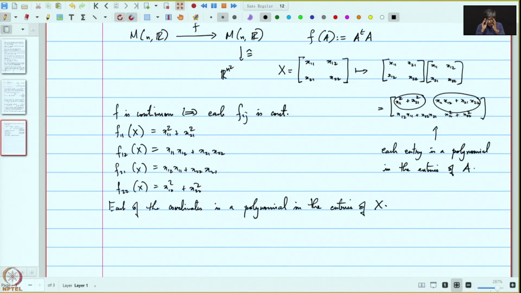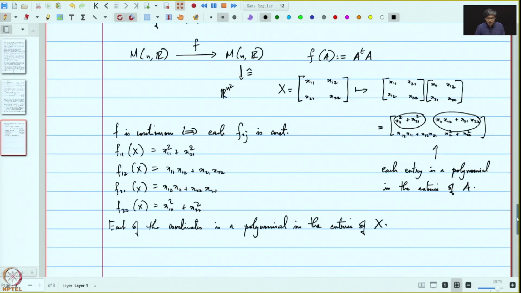So therefore, each of these coordinate functions is a continuous function, which implies that F is a continuous function, right? We can view F as a map from MNR to MNR. Standard topology or the product topology, it doesn't matter, because as we saw, the product topology on Rm is the same as the standard topology on Rm, right? So this shows that F is continuous.